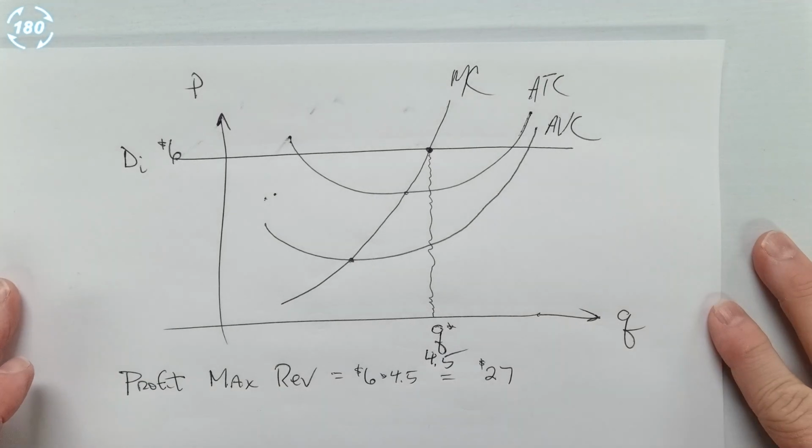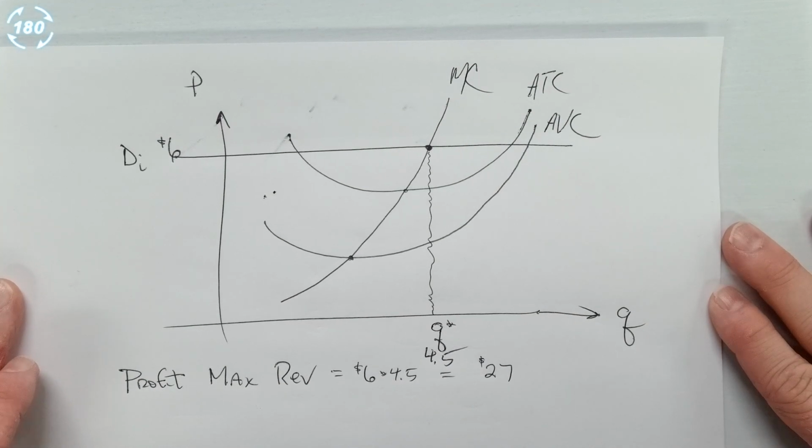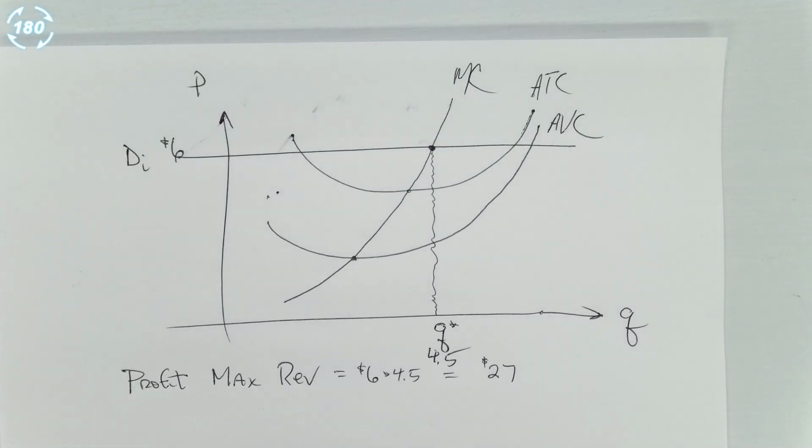What is the maximum profit? Anybody got a notion how we could find that graphically here? It's going to be where average total cost intersects our quantity line, and at that point over to the... Very good. That's right. You saw that point right here, right?